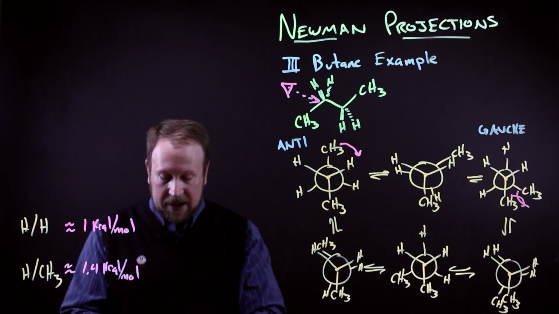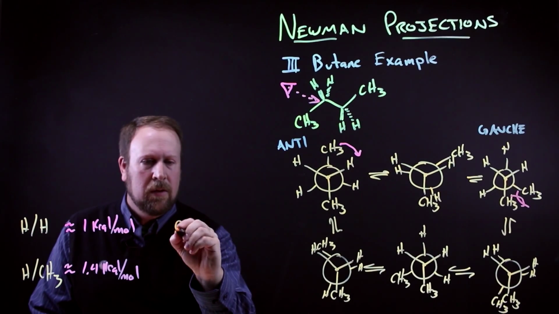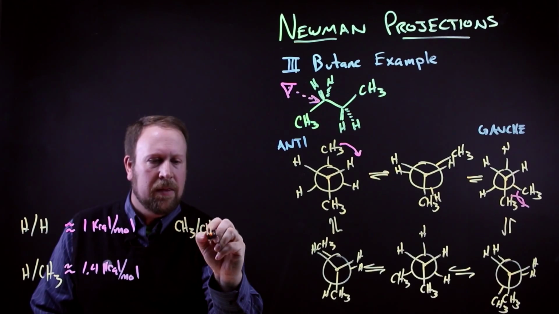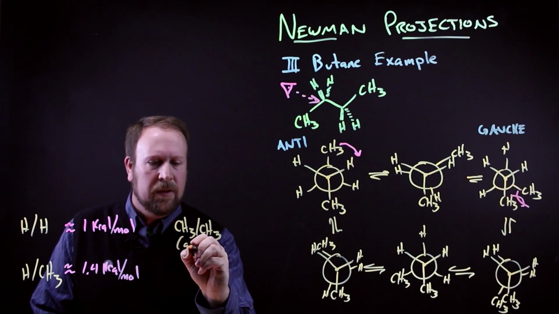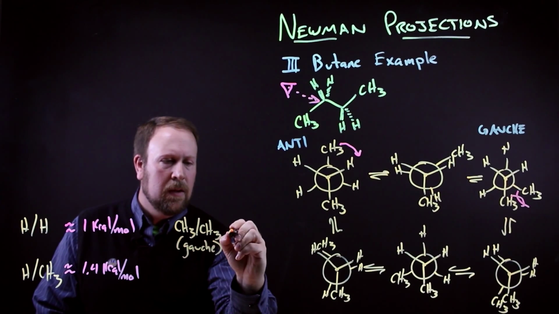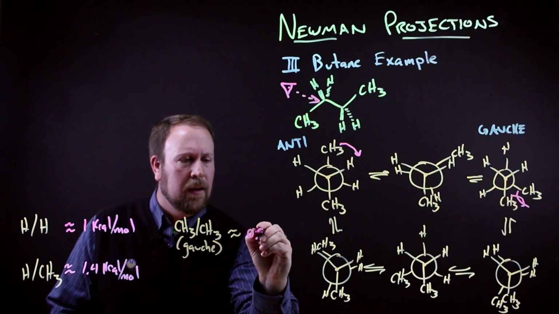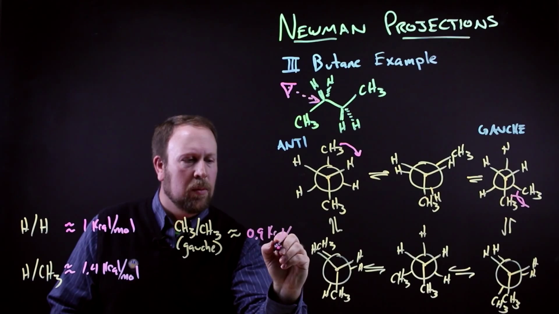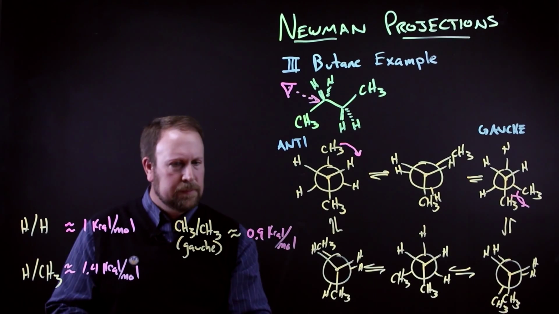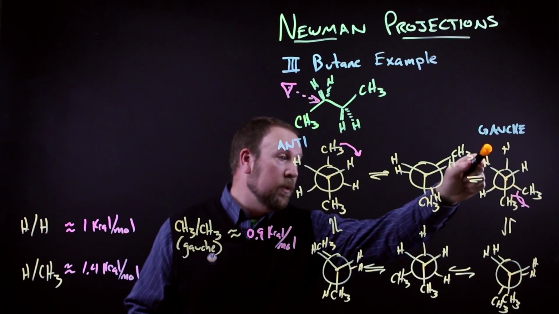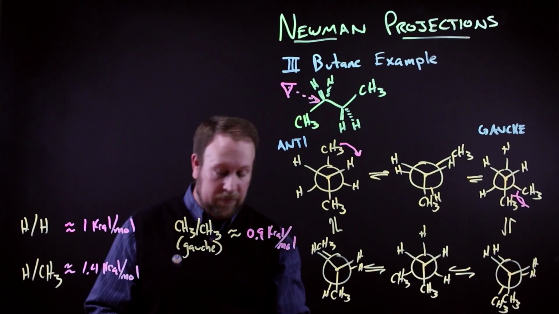Now that gauche interaction that we see there, where it's a methyl-methyl specifically for the gauche, that's going to be worth about 0.9 kcals per mole. Then as we continue to rotate, we get to the worst conformation that we have.